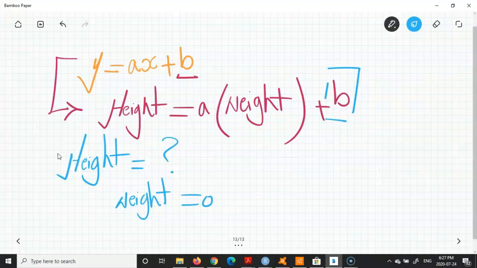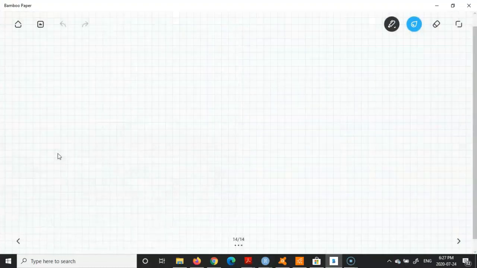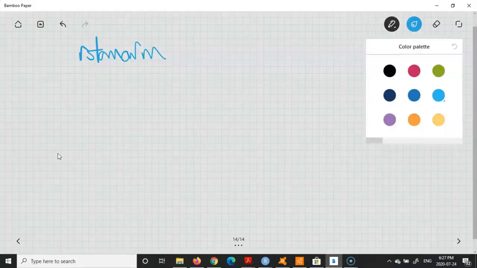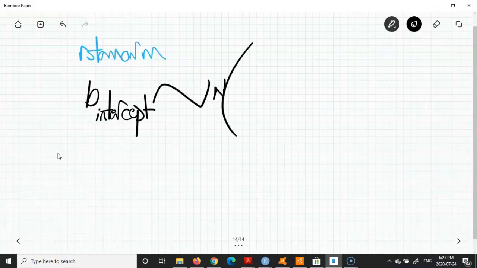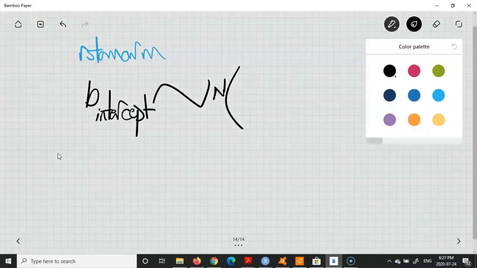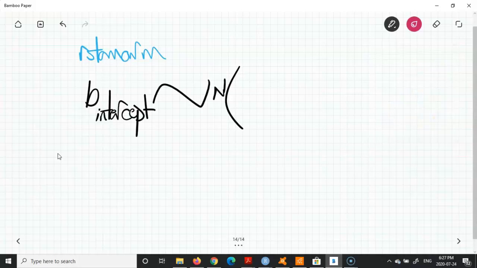However, when we talk about rstanarm, the normal priors come with this one. The intercept b. In rstanarm, it's always a normal distribution, where our mean is going to be the mean of our response value.